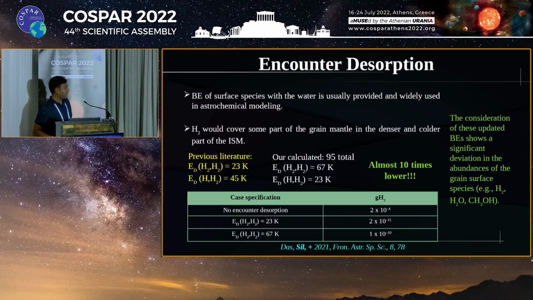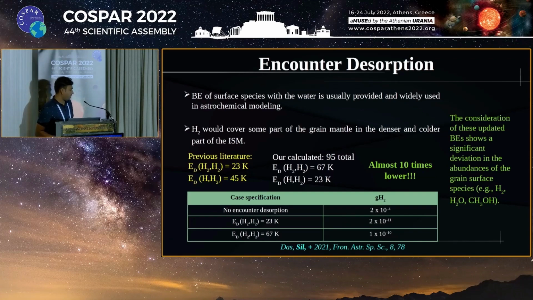We calculated a total of 96 important astrochemical molecules and found almost 10 times lower binding energy compared to the water tetramer binding energy. This has an important consequence: when we consider the binding energy of H2 as 23 Kelvin, we get a grain surface abundance of H2 of 10 to the power minus 11.